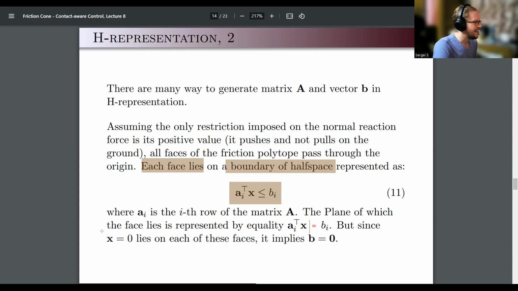But since X equal to 0 lies on each of those faces, we can substitute it here, and the equality should still hold. But A times 0 is 0. So that means that B sub i is 0. That means that B is 0. So this vector is 0. Very interesting, right? We found that we don't need to find A and B, we only need to find A. Nice.